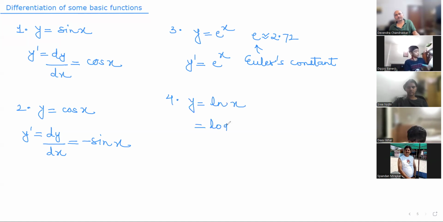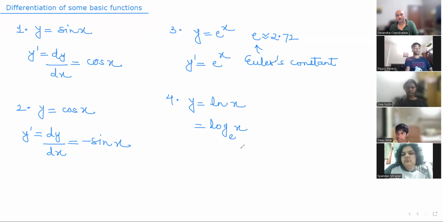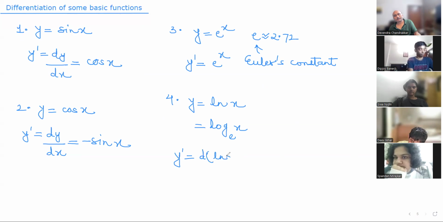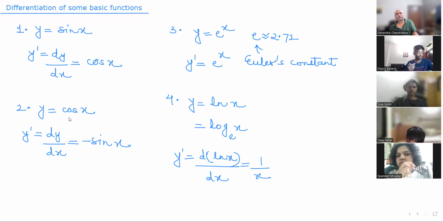Yes, sir. Spandan? Yes, sir. Good. So for y is ln of x, dy by dx is 1 over x. And the last, most important and most frequently used, is y is equal to x to the power n, where n is a constant.